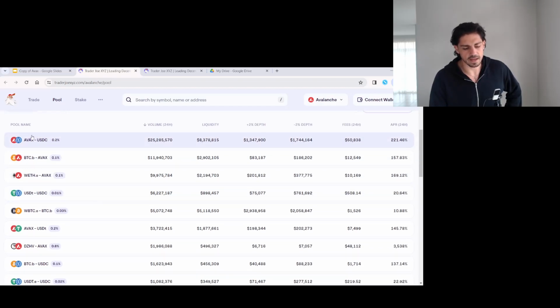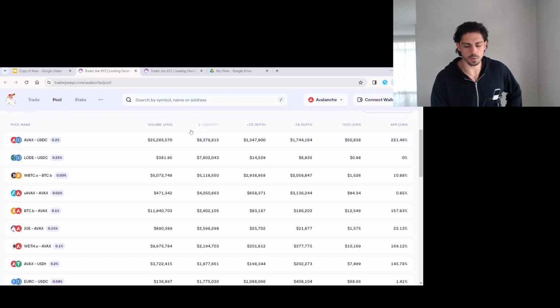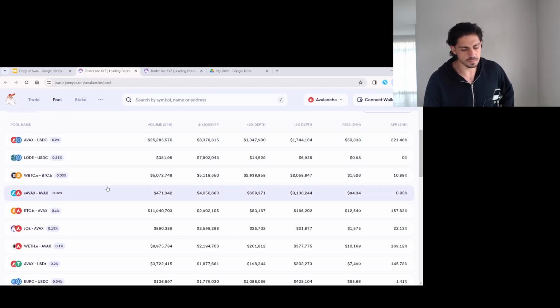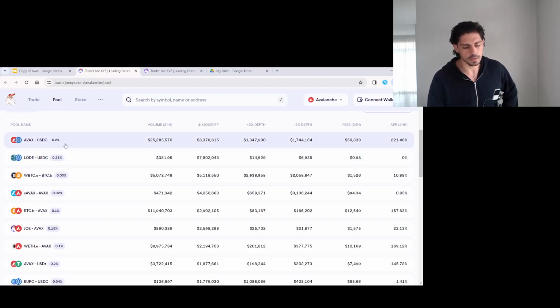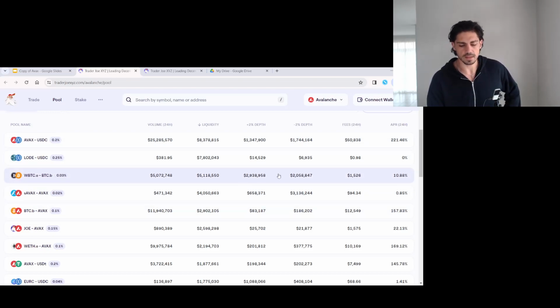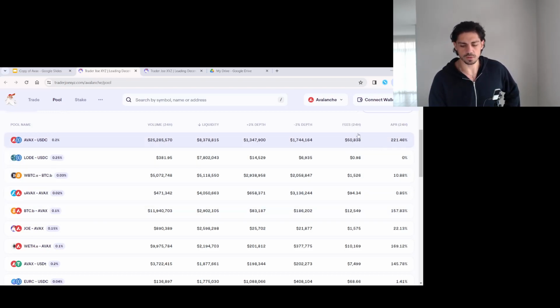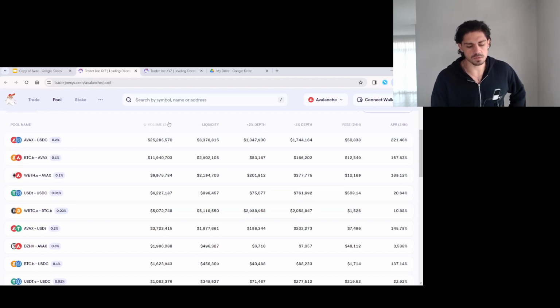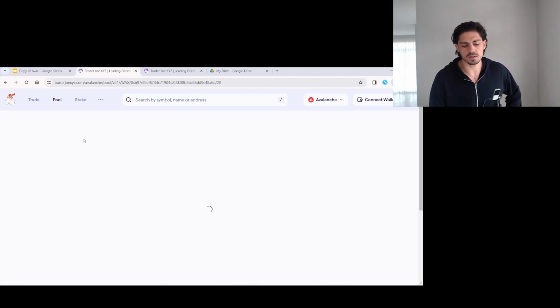We have an Avalanche USDC pair, which is the largest token pair with the most liquidity on this platform. So if we organize this by liquidity, most to least, you'll see some of the things that are the most liquid, right? The fees that are taken from it over the last 24 hours, the volume over the last 24 hours. And so let's see where the most volume's happening. As expected, the most volume is occurring between Avalanche and USDC.